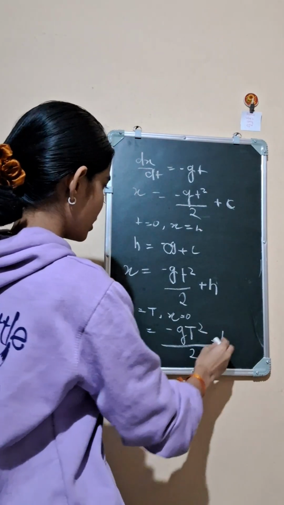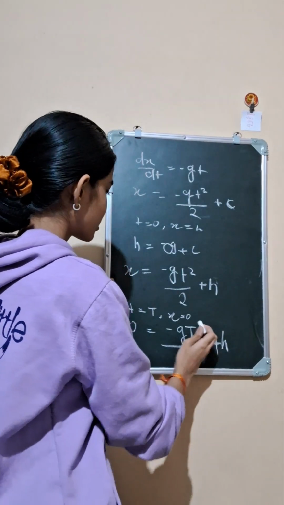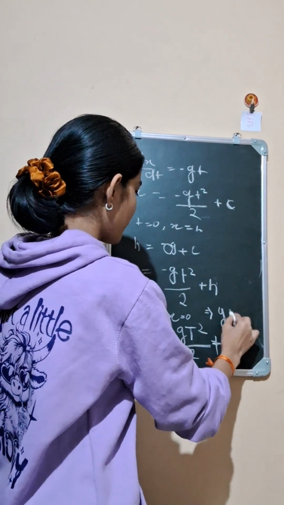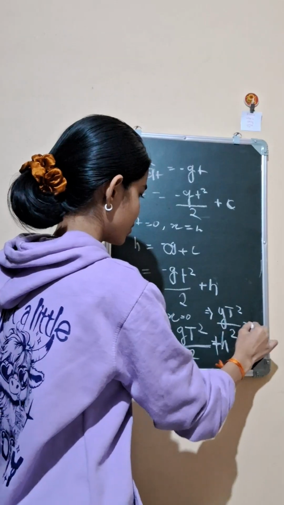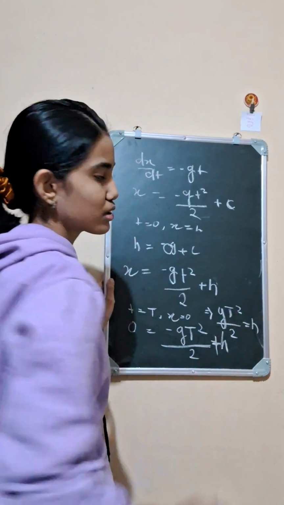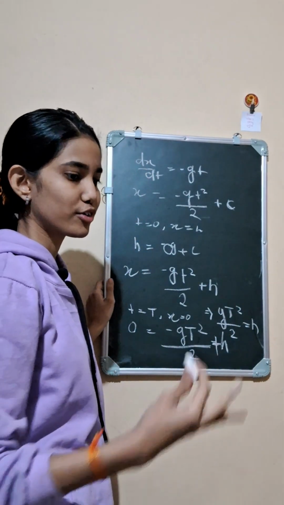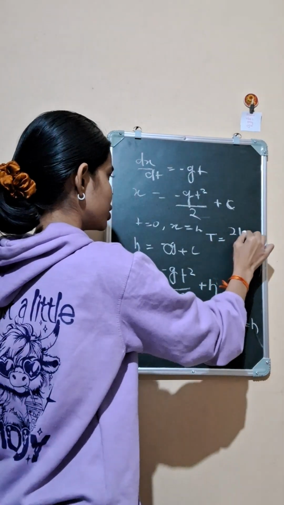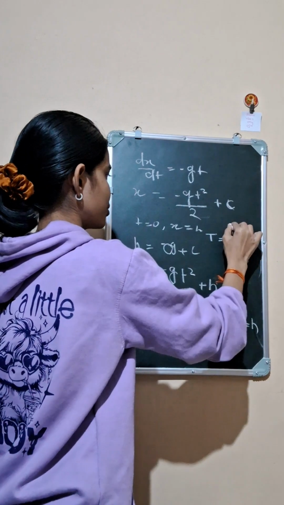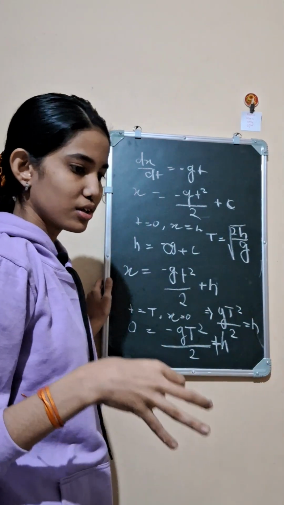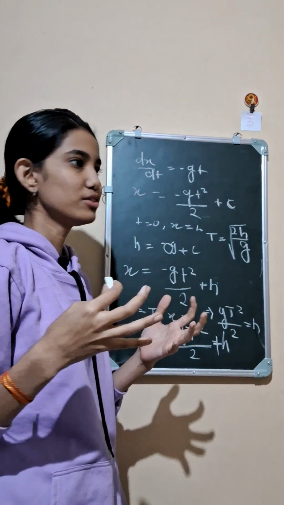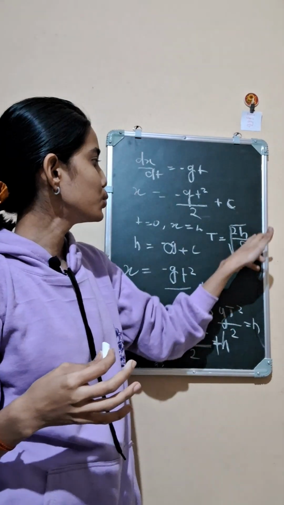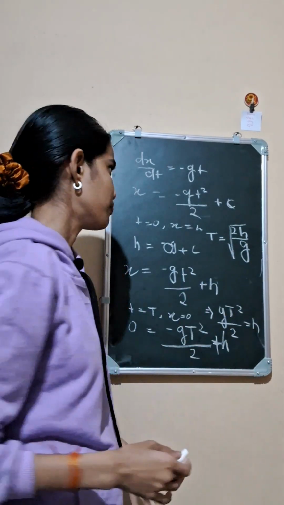Taking this term to the left hand side, we will get g T square by 2 equals to h. From this we can find the time required to reach the ground. So T equals to under root 2h by g. Means if we let a body freely fall from a height h, it will take time under root 2h by g to reach the ground.